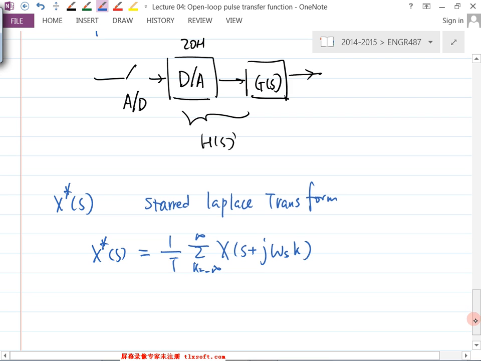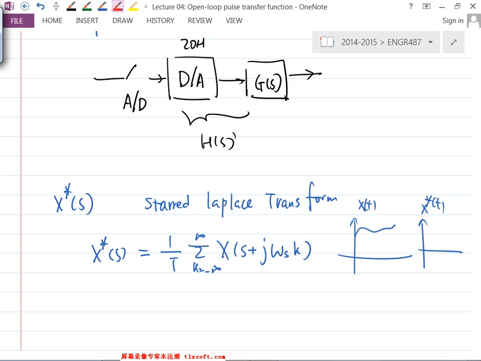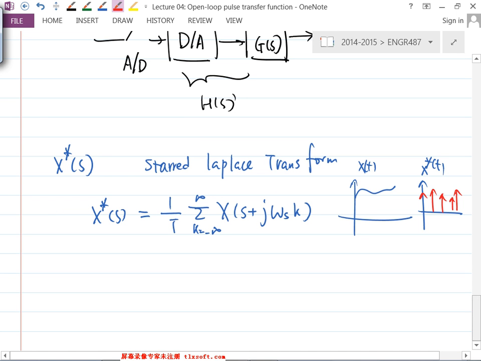From a continuous point of view, this is x of t, and x star of t is a sequence of impulses. I think you learned the Fourier transform, especially electrical students, and the concept of frequency spectrum.